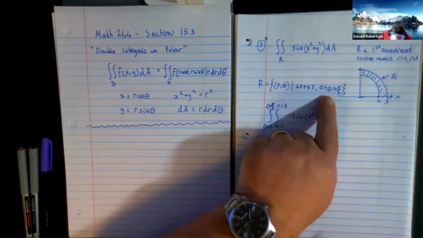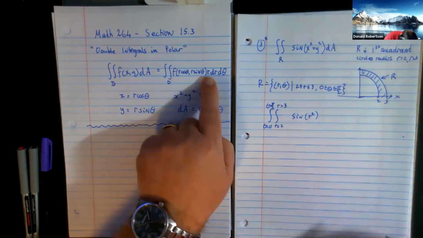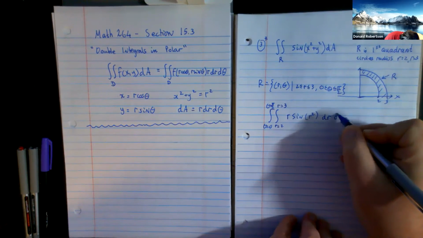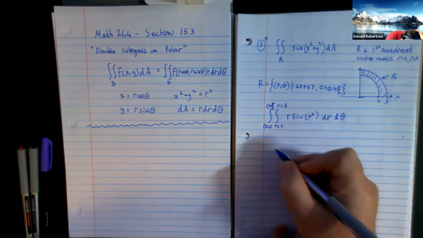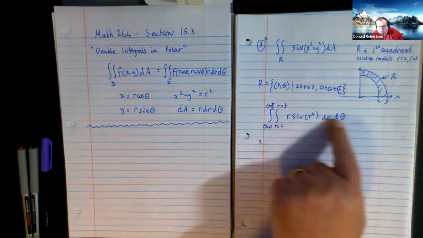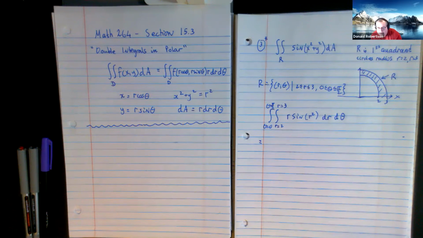The r, whoops, where is the r dr d theta? I'm going to stick the r there. I'm going to do dr and then d theta. And if we're really lucky, the integral that we now have will be easier to do. And secondly, it could even be variable separable, which tends to make your life even easier.